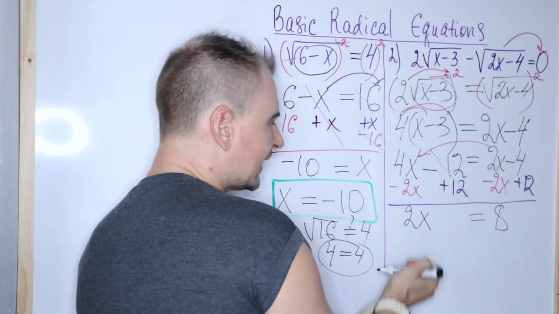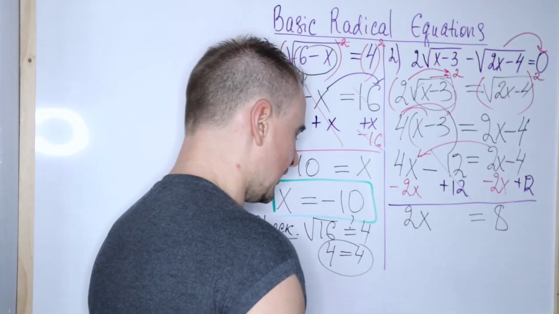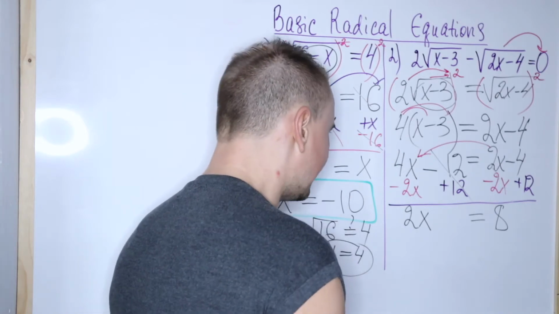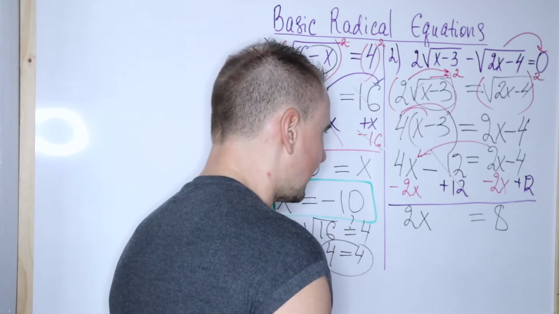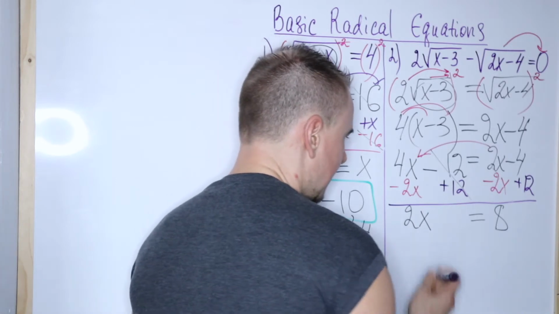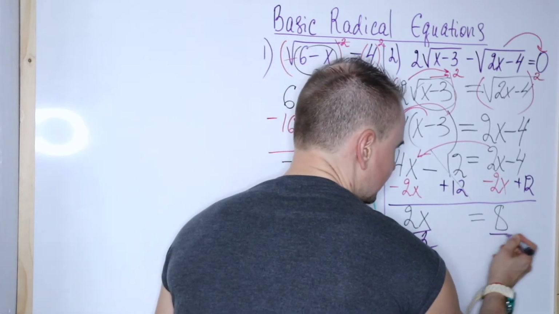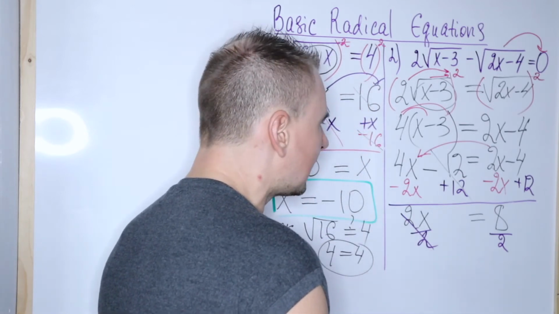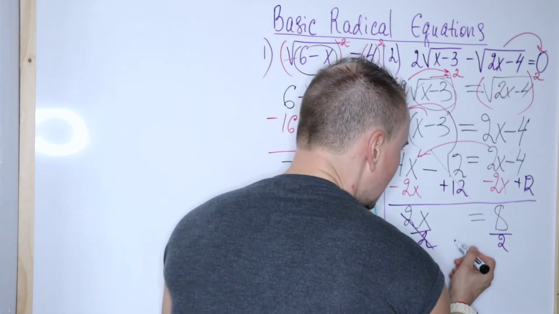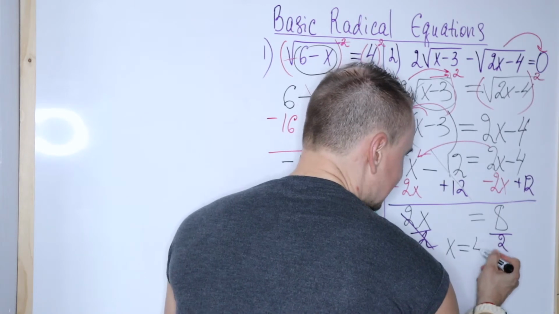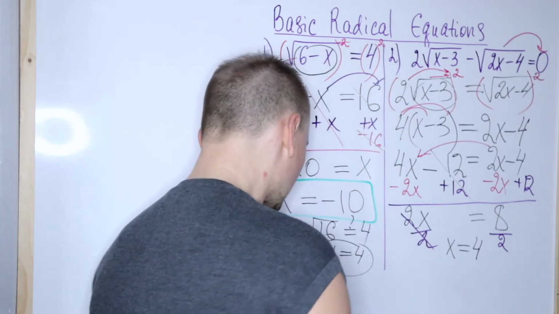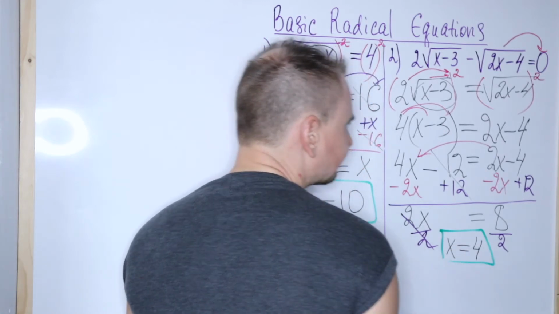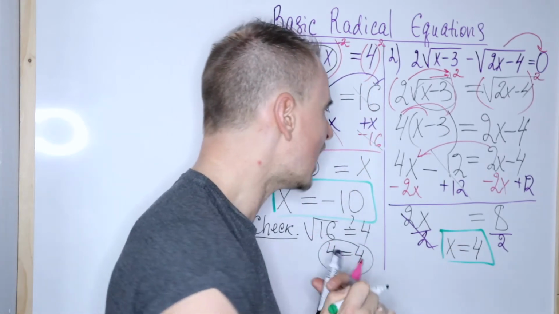Now, you want to get your x alone, you want to isolate your x. So whatever is attached to your x, in this case it's 2, divide both sides of your equation by 2. 2 goes away, drops out, and you would be left with x equals just 4. That's your root, that's your solution, if you will, for that equation.